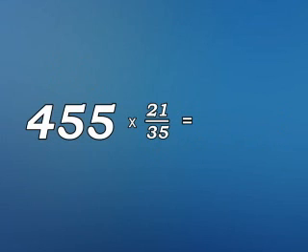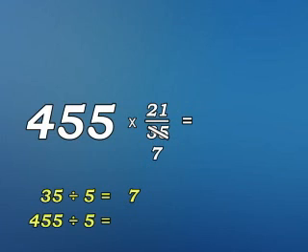Here's another way. We start from the same numbers. 455 times 21/35. How many 5s make 35? 7. How many 5s in 455?